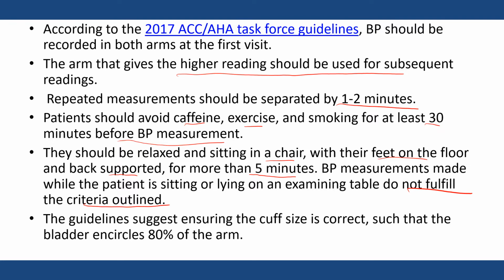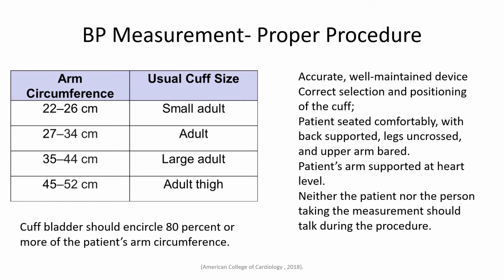The guidelines suggest ensuring the cuff size is correct, such that the blood pressure bladder encircles 80% of the arm. All right, why is that important? Well, the proper fitting of the blood pressure cuff is important because otherwise it will not give you the proper reading.